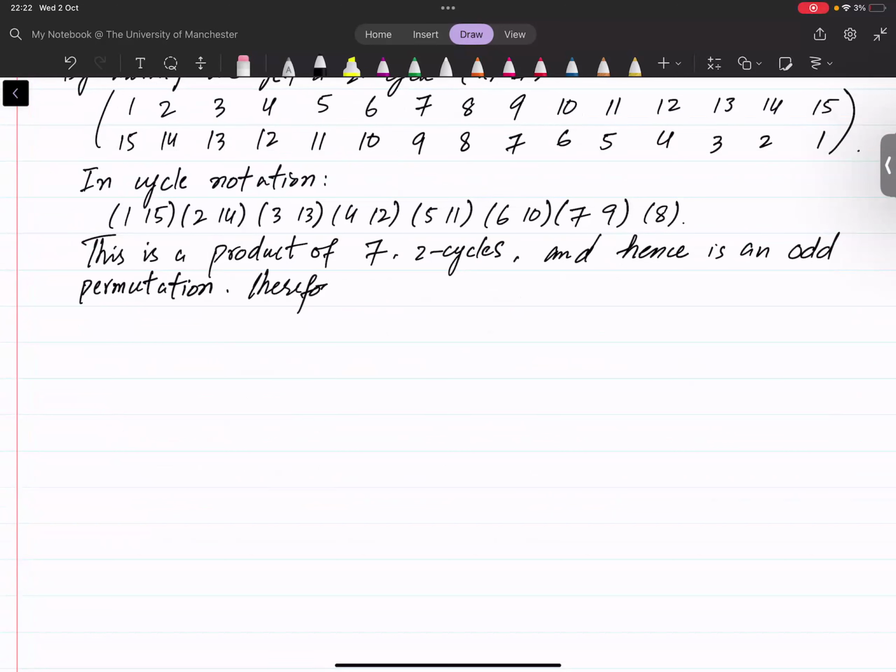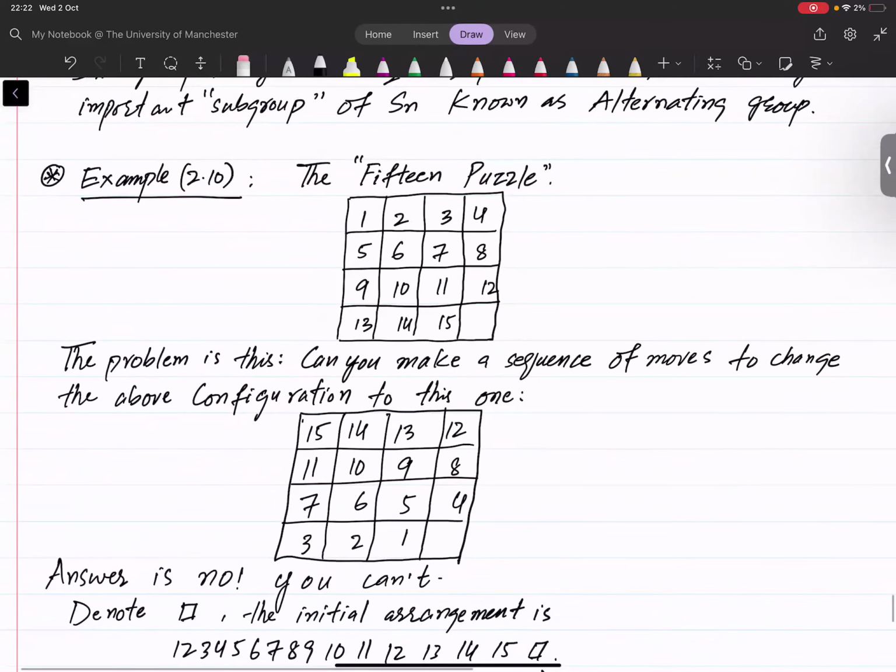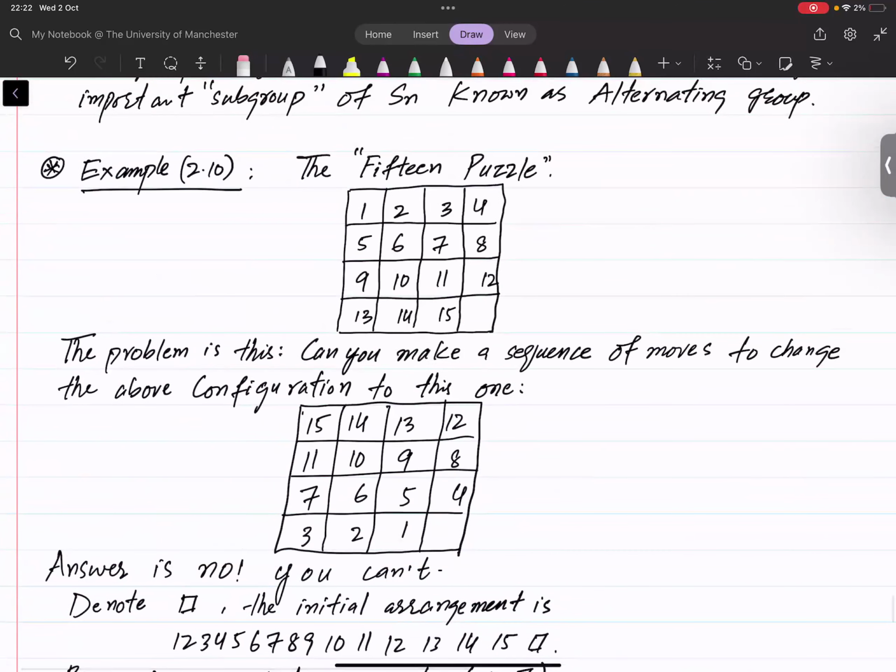Therefore, there is no sequence of moves that can affect this permutation. So in conclusion, you cannot convert this one into this one. Okay, perfect. Thank you so much. Bye.